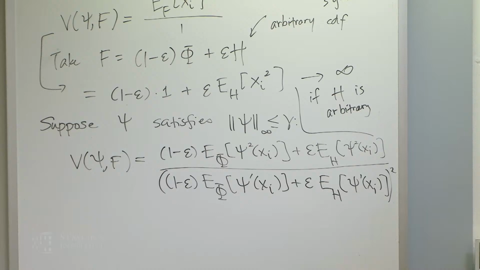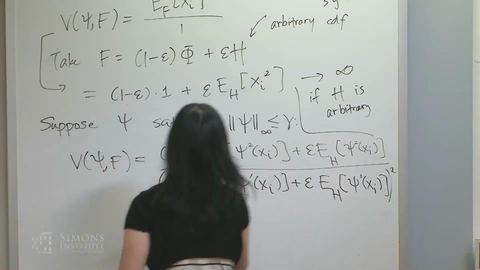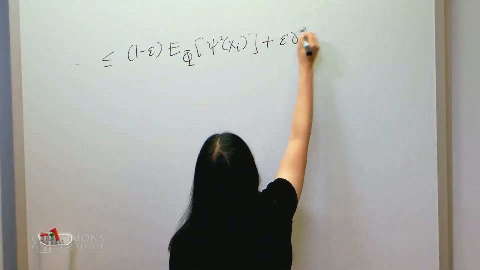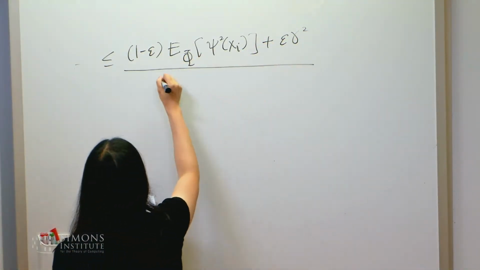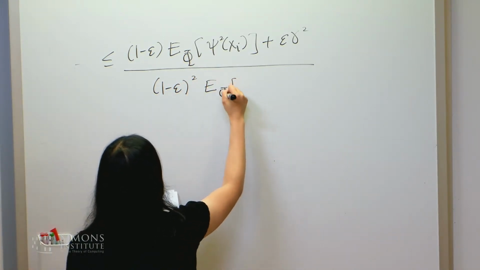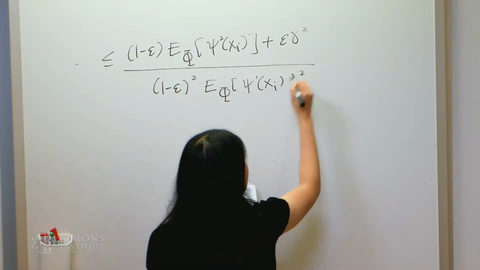Okay, so if we continue this bound, I'm just going to upper bound this term by gamma squared and forget about that term. That term is something positive. So this is upper bounded by 1 minus epsilon expectation under phi of psi squared of xi plus epsilon gamma squared, divided by 1 minus epsilon squared times the expectation under phi of psi prime of xi, squared.